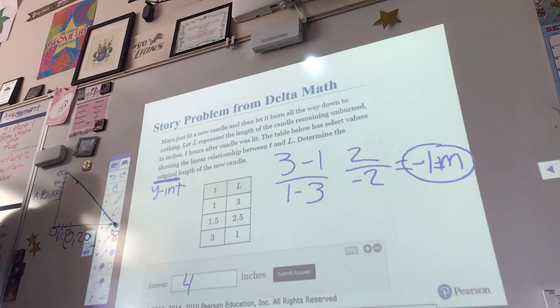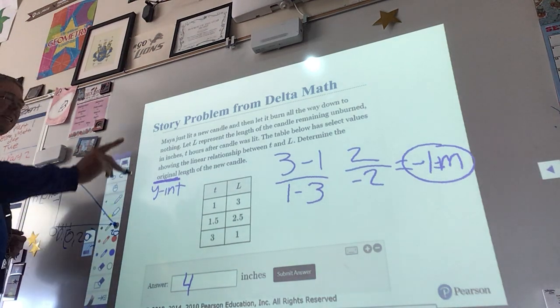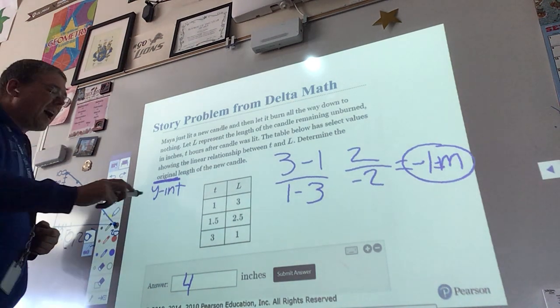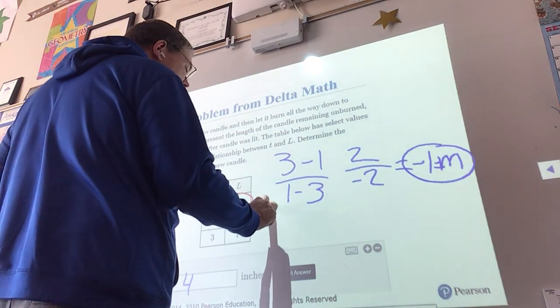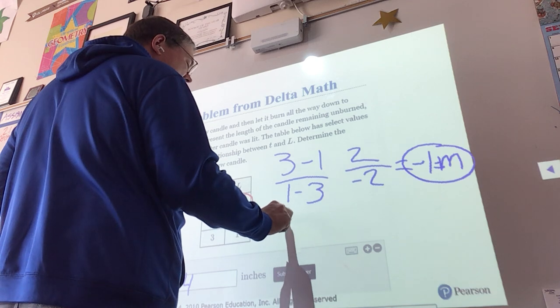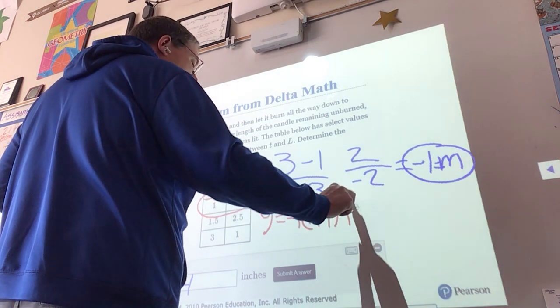The other way you could do it, or if it's a more complicated problem where that might not be so easy to do, we could plug this into point slope form. So I could take my slope of -1, I could take this point right here, I could plug it into point slope form, I would get y equals -1(x minus 1) plus 3.